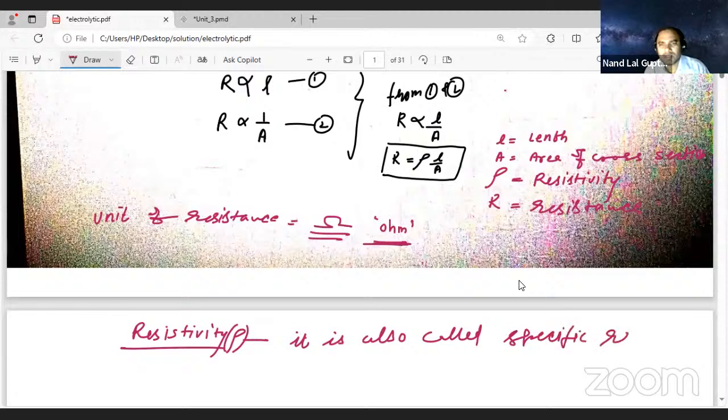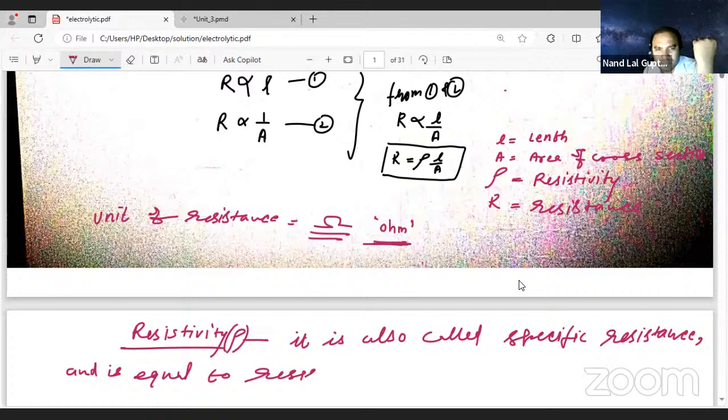It is equal to the resistance if the length is unit length.